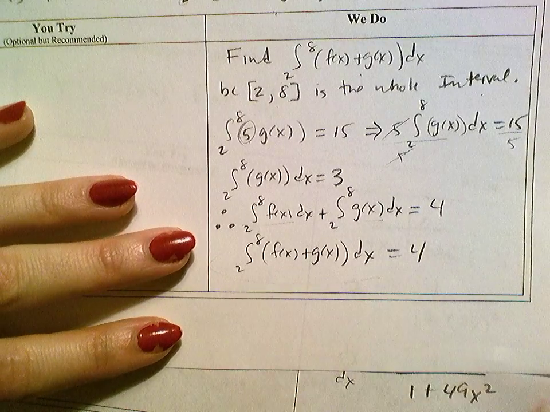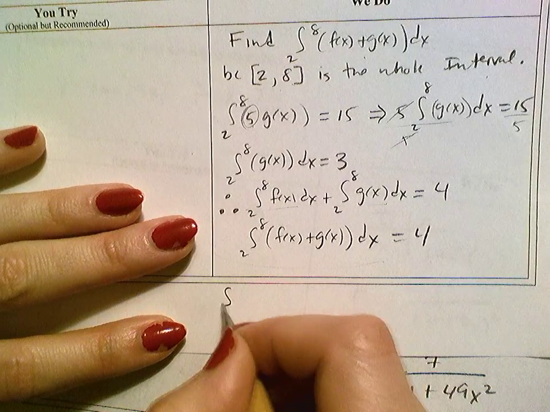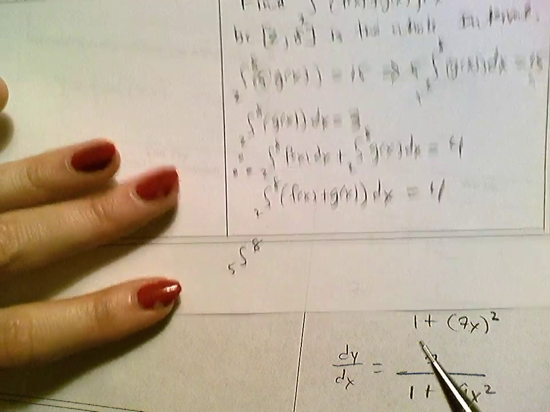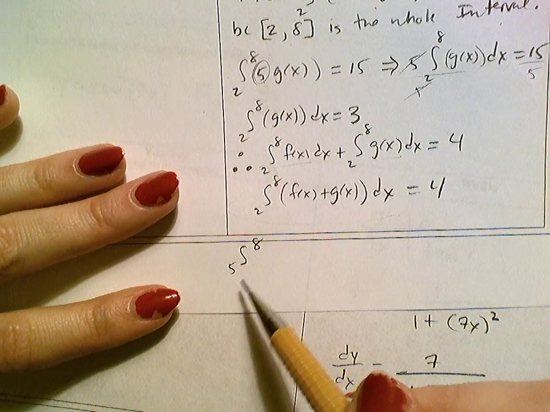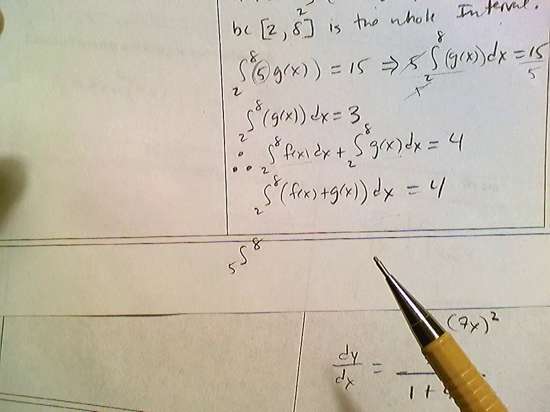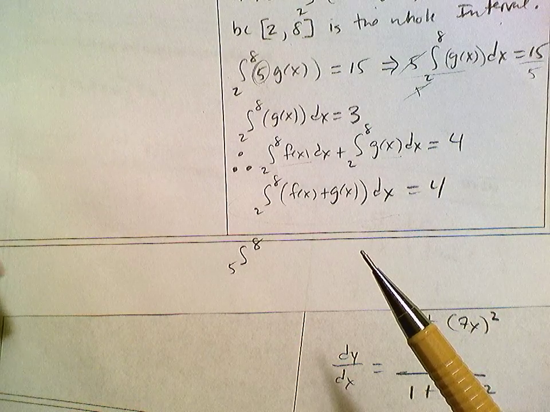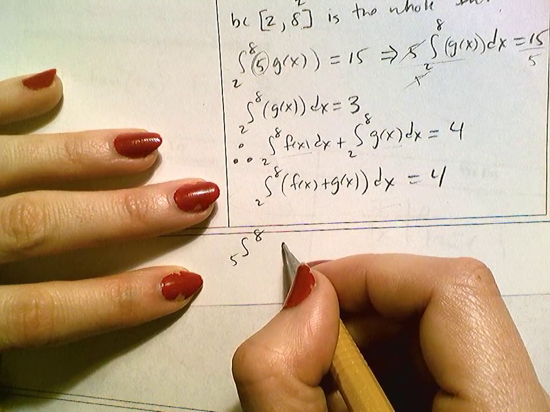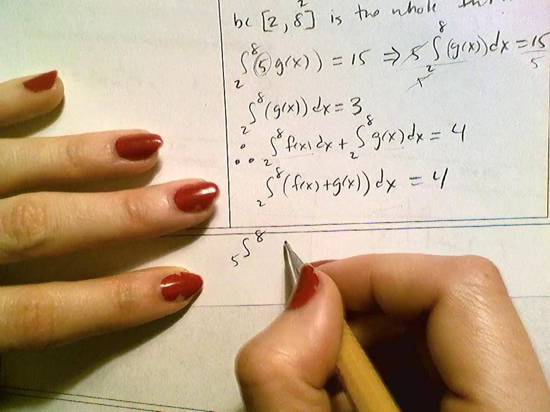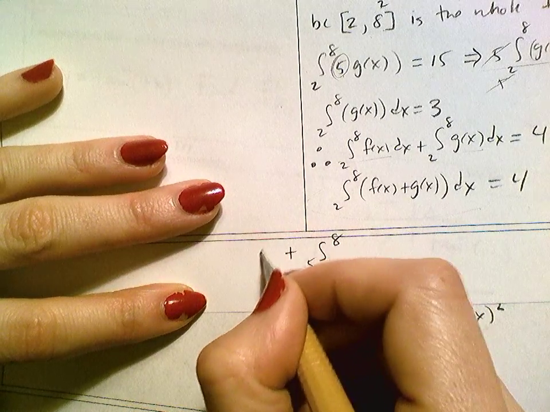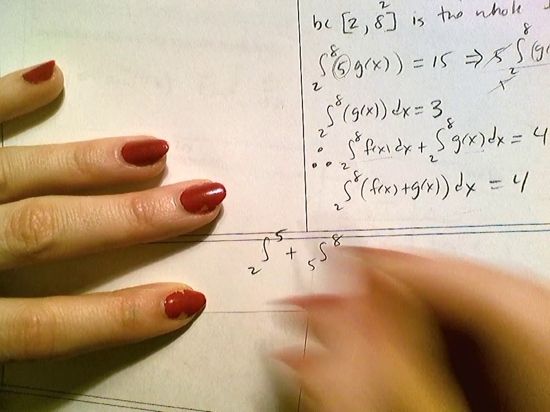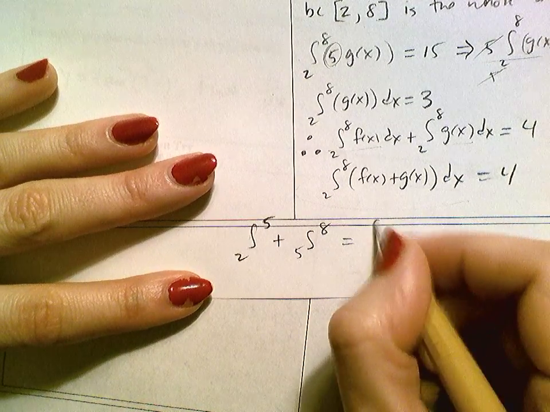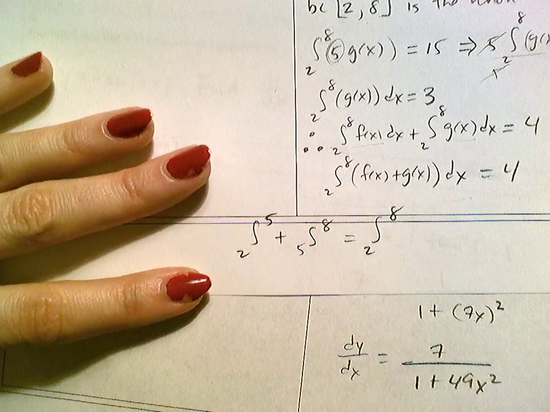So basically, the integral from 2 to 5 plus the integral from 5 to 8 is equal to the integral from 2 to 8.